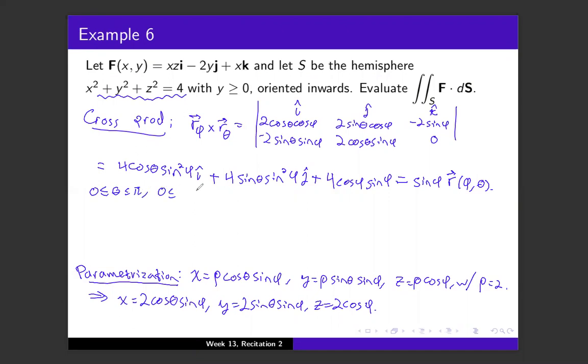Phi, on the other hand, since it's coming all the way down from the North Pole to the South Pole, only just one hemisphere, phi is going to go from 0 to pi as well. So sine phi is a positive number.